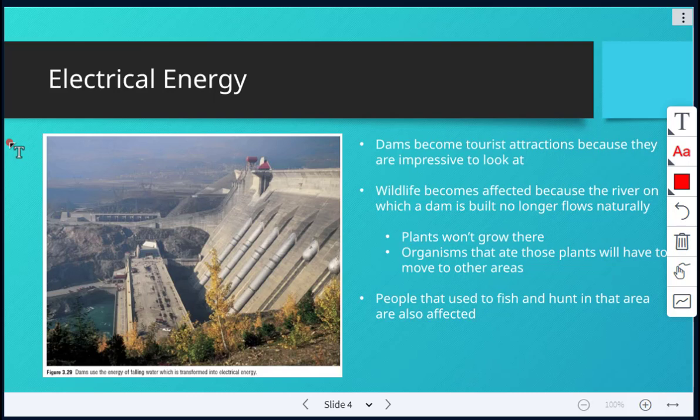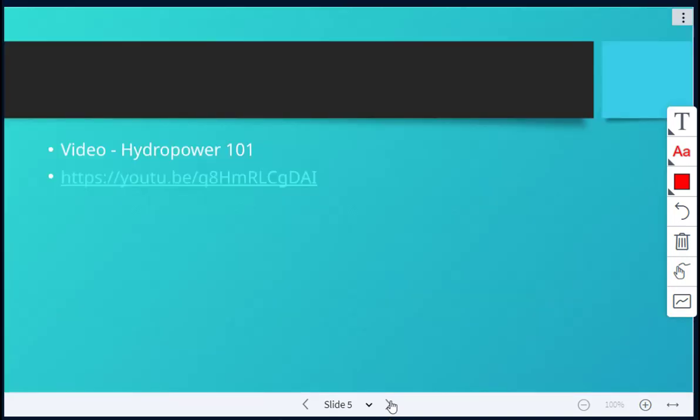Therefore, plants aren't going to be growing there, and organisms that were eating those plants are going to have to move to other areas. Some people are affected as well, because if they used to fish and hunt in that river and in that area, they will also be affected. All right, so it does have these consequences on ecosystems and the land and the water.